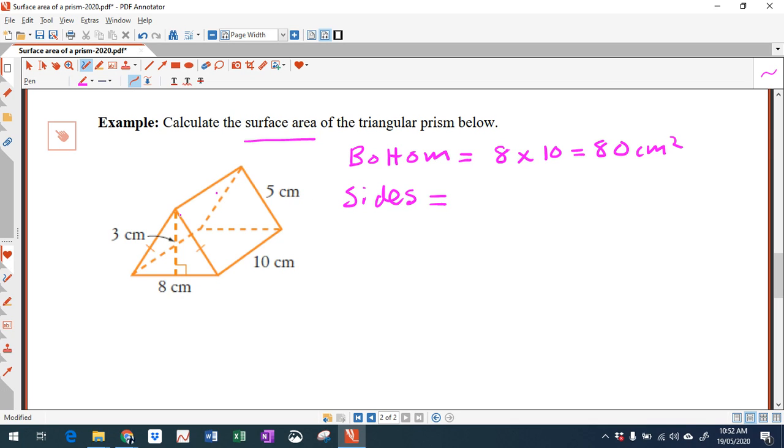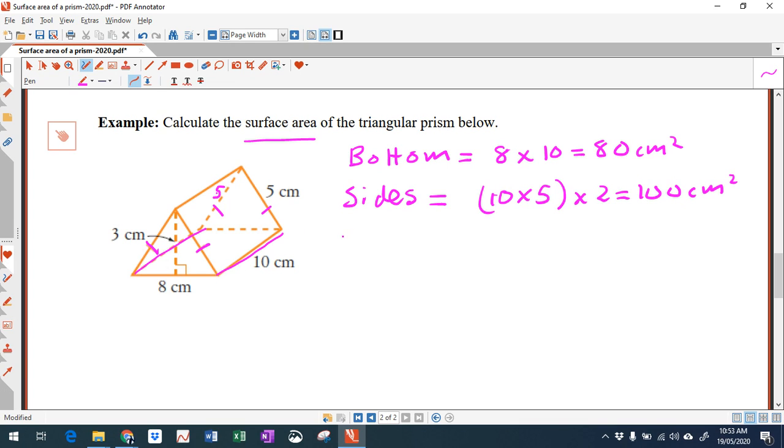Because we have an isosceles triangle at the front. That means we have an isosceles triangle at the back. So that side there is 5, and obviously 10 on both sides. So the sides are the same, so we're going to have 10 by 5 and then double that to get the two sides together. That's 100.